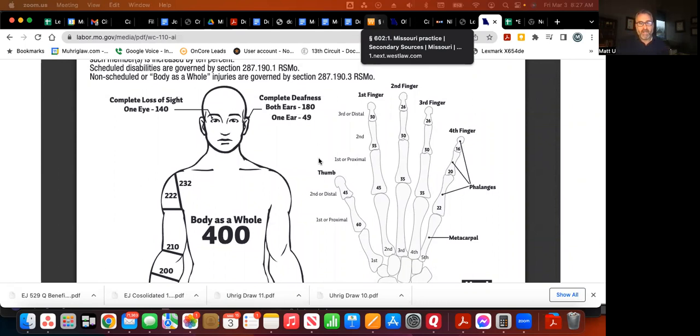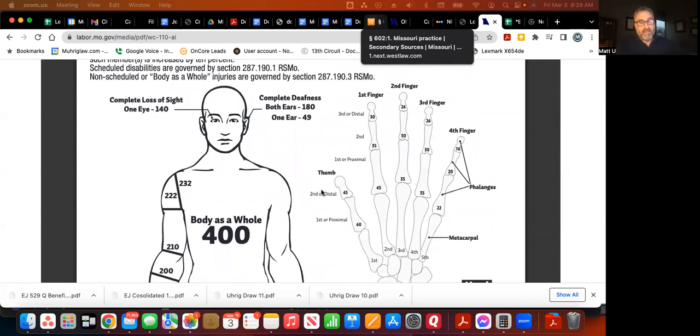So the disability rating is multiplied by the number of weeks for the body part that was injured. Then that resulting number is multiplied by your permanent partial disability rate, which is your pay rate, roughly 2/3 of your average weekly wage for permanent partial disability.